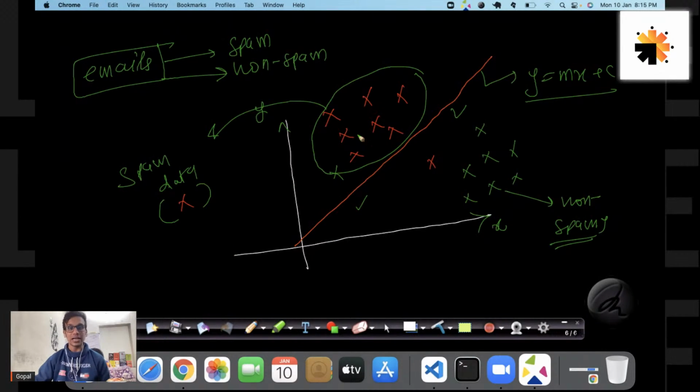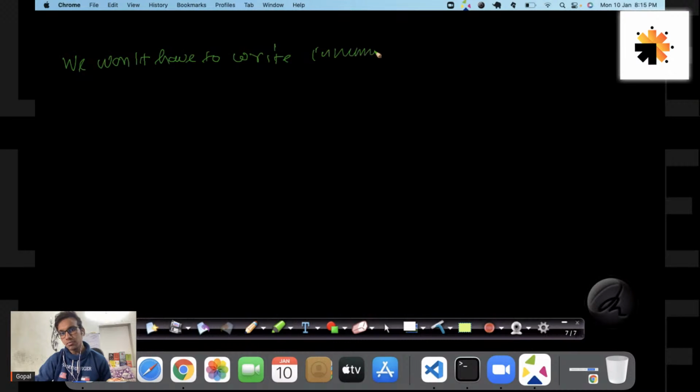What exactly is the benefit of this approach? We won't have to write innumerable flags. That actually solves the problem.